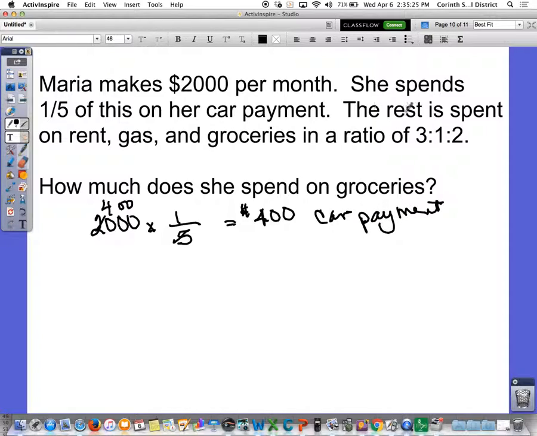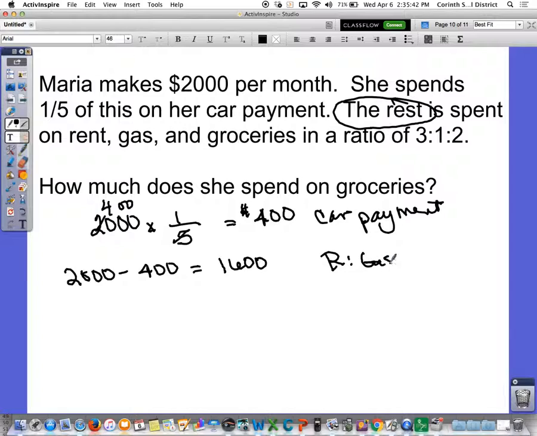Okay, the rest. So what I'm going to do here is I'm going to say 2,000 minus 400 is 1,600. The rest is spent on rent, gas, and groceries in a ratio of 3 to 1 to 2. So that's a total of 6 parts.